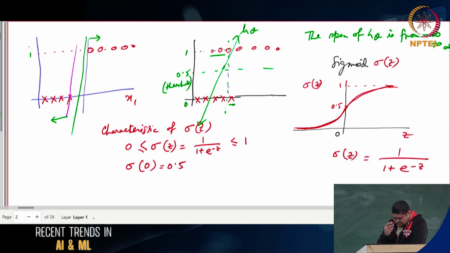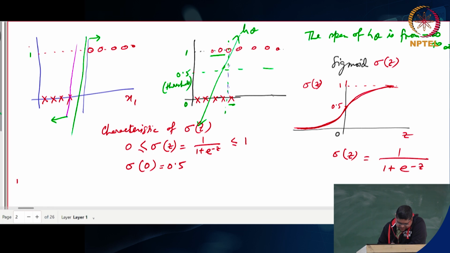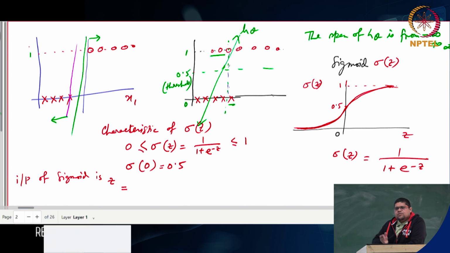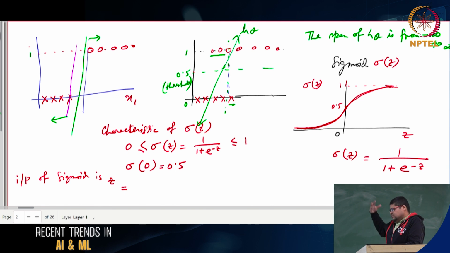And here, what will be the input of this sigmoid? The input of the sigmoid here is Z, the sigma Z. How are we calculating this Z? Last day Dr. Sudhir mentioned, right? Theta i xi or wi xi, remember? So at first we have some linear combination. When I cover the neural network it will come in more detail.